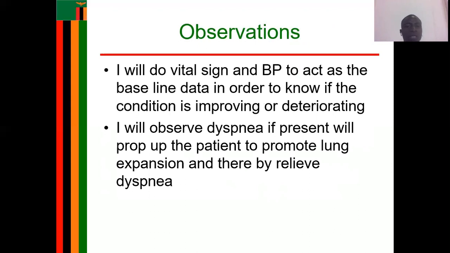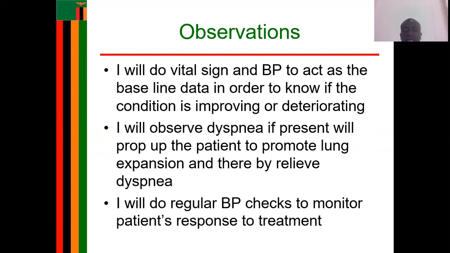Observations: you do vital signs and BP to act as baseline data, to know if the condition is improving or not. Observe for dyspnea; if present, put the patient in an upright position to allow expansion of the lungs and relieve dyspnea. Do regular BP checks to monitor the patient's response.